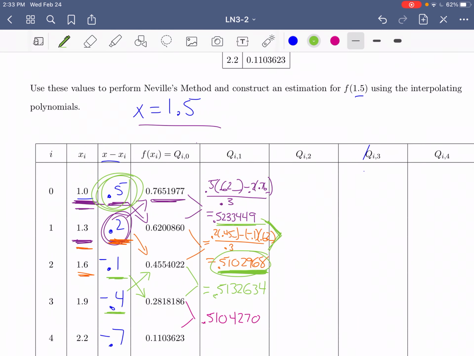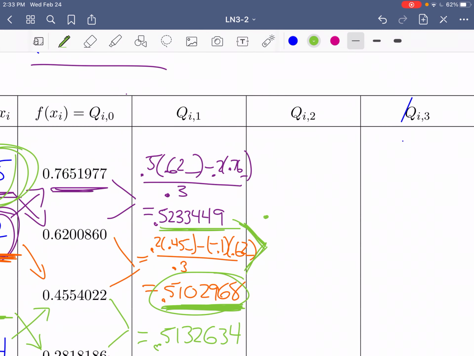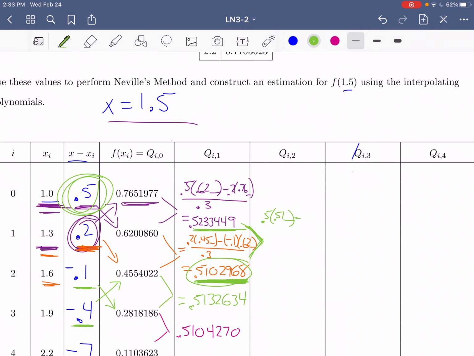Okay, so we have 0.5 and the 0.51 business minus, then we're going to have this value here times this value down here, right?